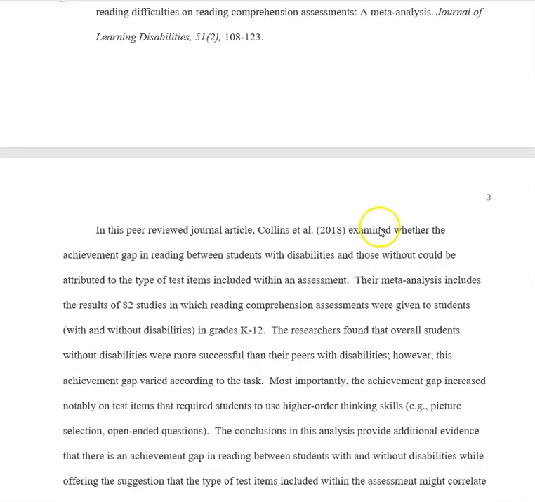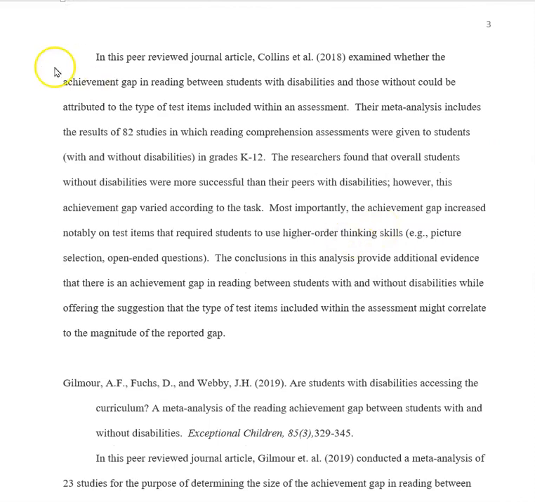All right, and then the annotation. In this peer-reviewed journal article, so we already know where this originated, and here is something that's important. You must have the name of the researcher or researchers who wrote this, and the publication date.